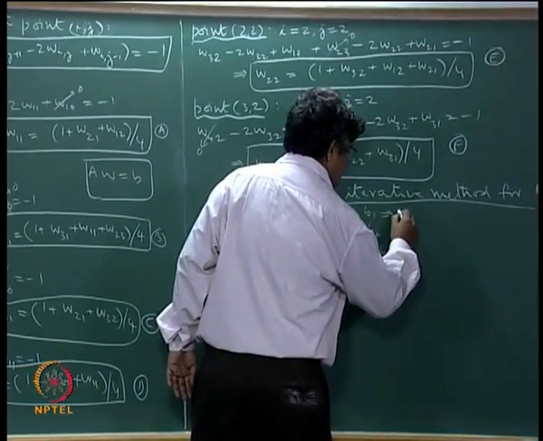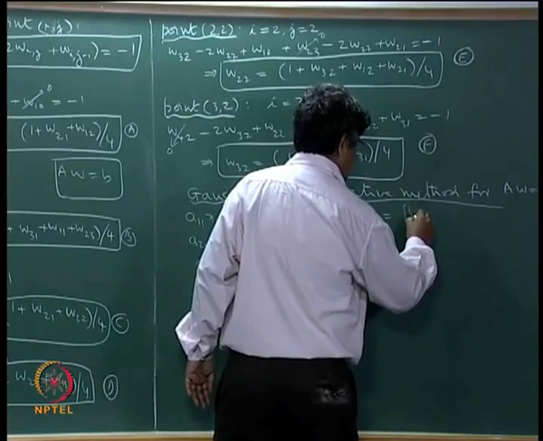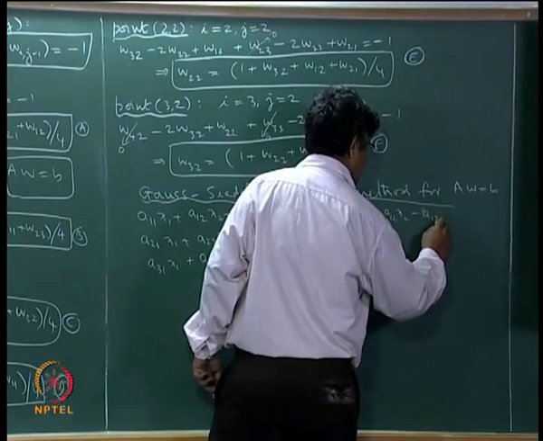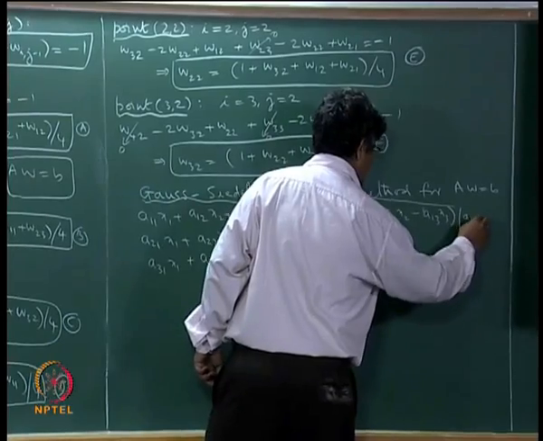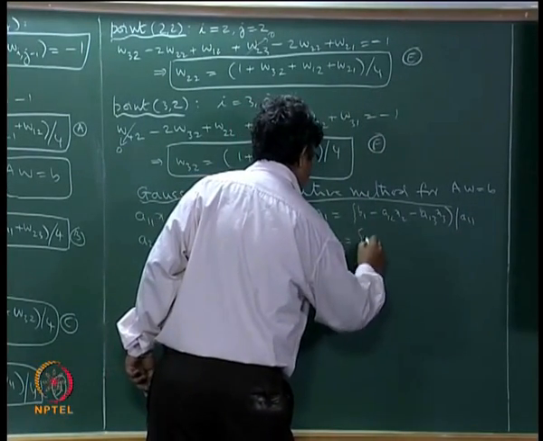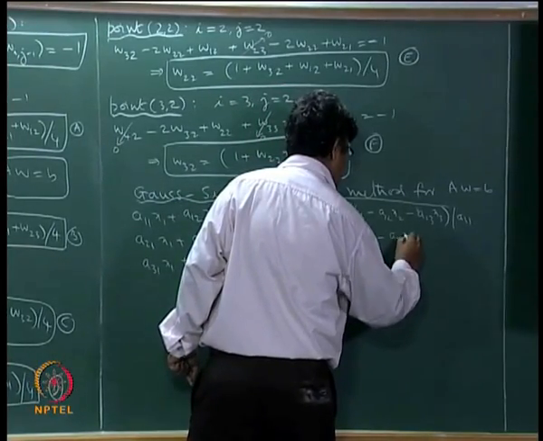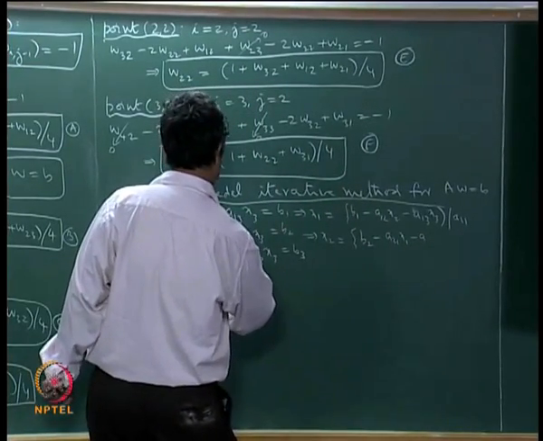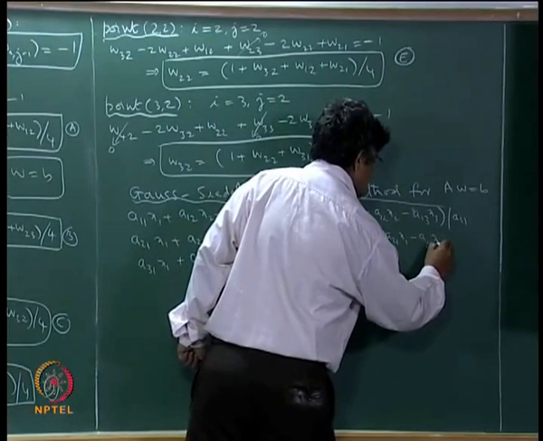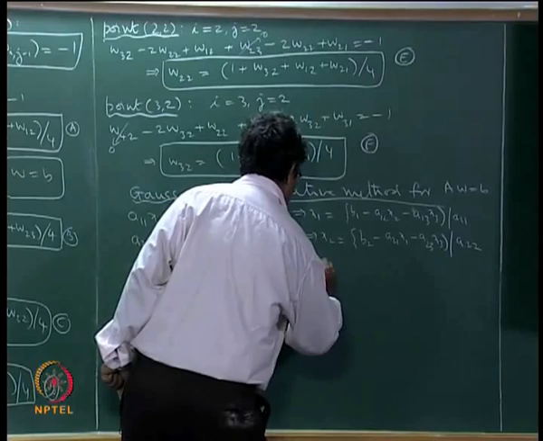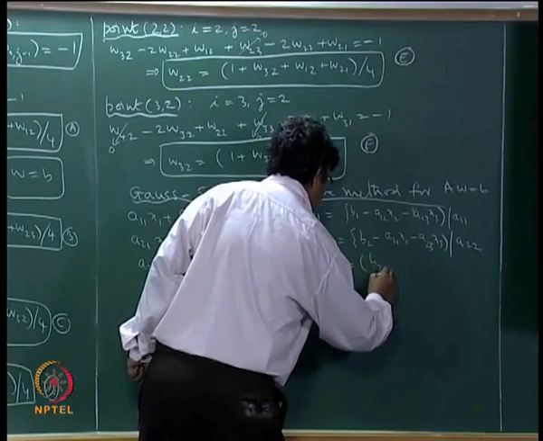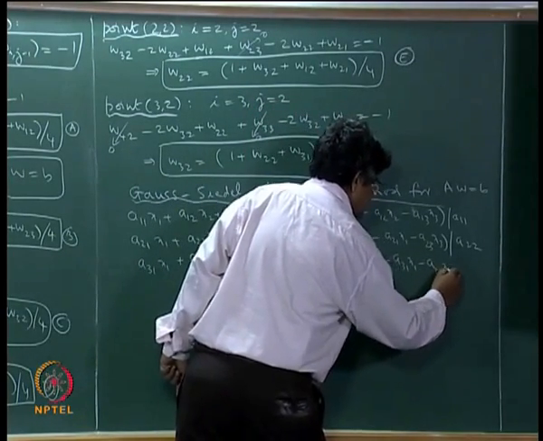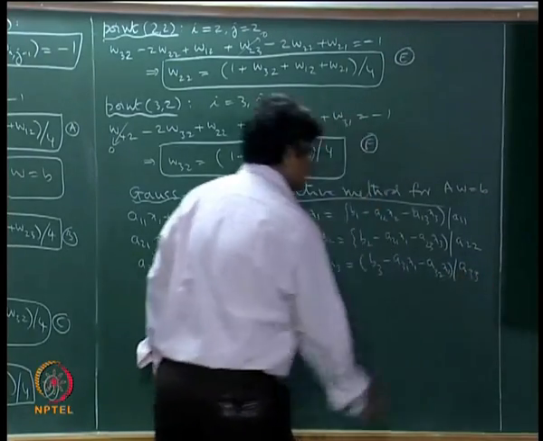So from this we can write x1 equal to b1 minus a12 x2 minus a13 x3 divided by a11. x2 is b2 minus a21 x1 minus a23 x3 divided by a22, and this is written as x3 equal to b3 minus a31 x1 minus a32 x2 divided by a33.